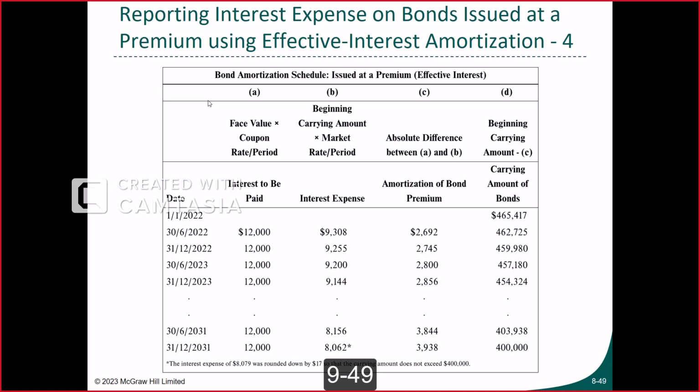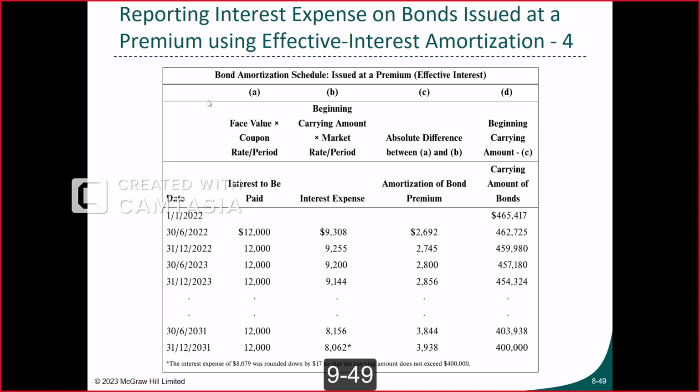This new updated carrying value is going to be used to calculate the second amount of the interest expense, market rate times 462, and then we calculate the difference and we keep amortizing the premium that way.